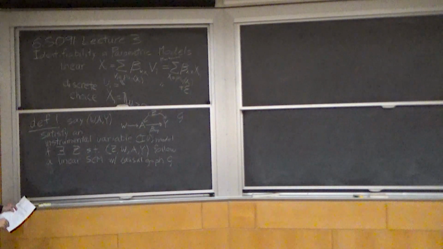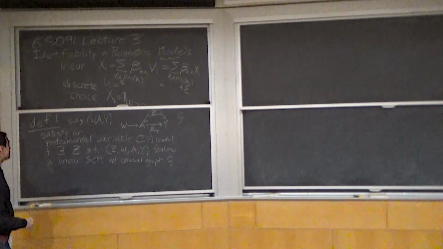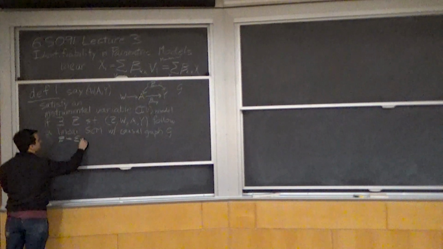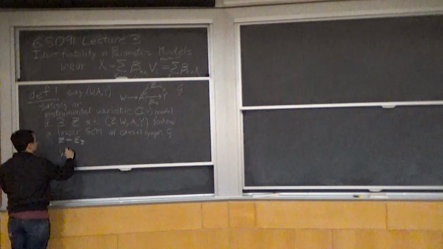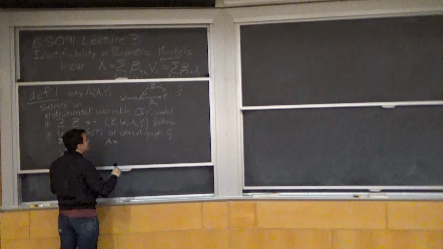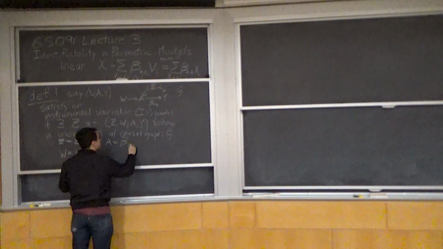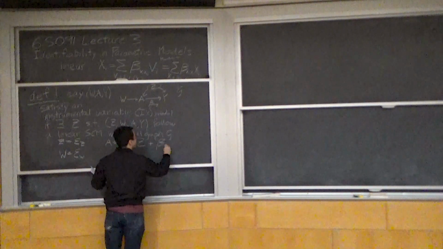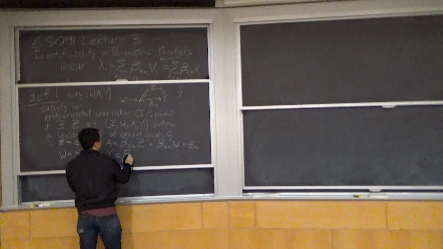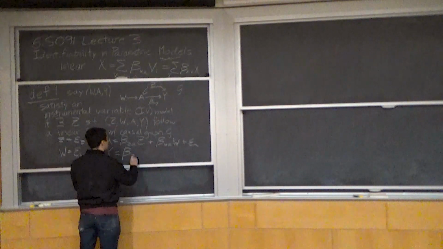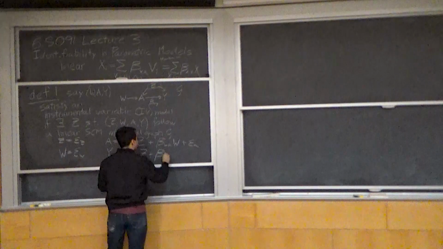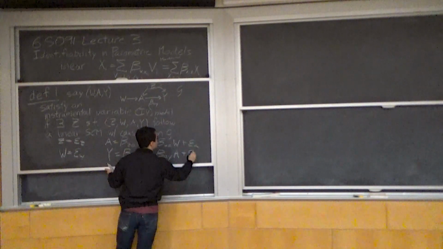Okay, and just to make that explicit, what this model is going to look like is that we're going to have Z equals epsilon Z, and then we're going to have W equals epsilon W. A is equal to a linear combination of Z and W plus its own noise, and Y is equal to a linear combination of Z and A plus its own noise.